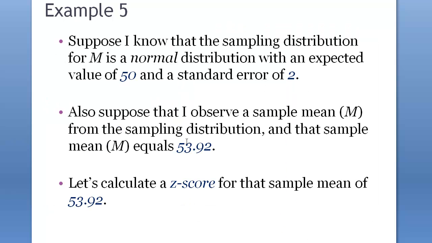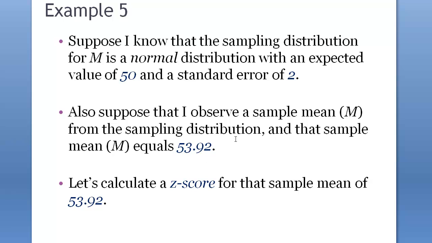Okay, let's look at this. Suppose I know that a sampling distribution for M is a normal distribution with an expected value of 50 and a standard error of 2. Also suppose that I observe a sample mean from the sampling distribution and the sample mean equals 53.92. Again, what that means is that you actually calculated the sample mean and it turned out to be 53.92 in this sample.